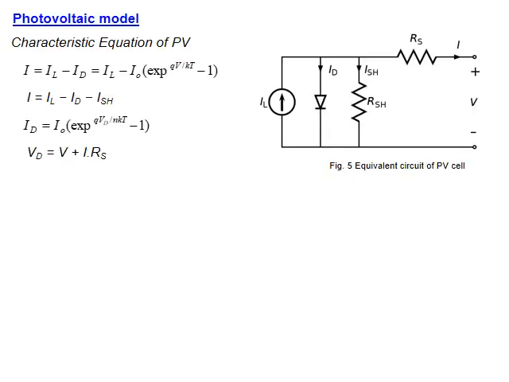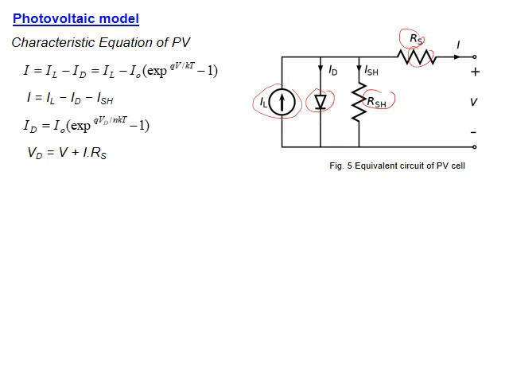Now let's put the general form. The general model of the solar cell has a current source to produce electrical current because of the photon energy, a diode to express the p-n junction effect, the resistance of the terminal, which we call RS, the series resistance, and R shunt, or parallel resistance, because inside the solar cell we have fingers collecting the current to the bus bars, and here there are also losses.